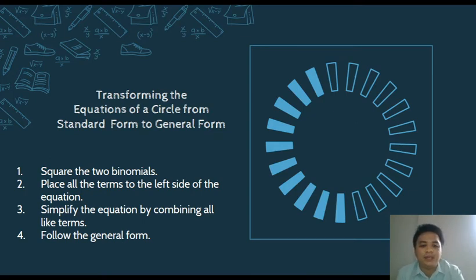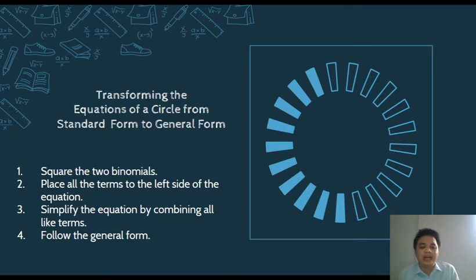For step number 2 is to place all the terms to the left side of the equation. So dapat lahat ng terms is nasa left side ng equation at ang nasa right side is wala na or zero na lang. For the third step, we will now simplify the equation by combining all like terms. Kung mayroong mga kayang pagsamahin natin.